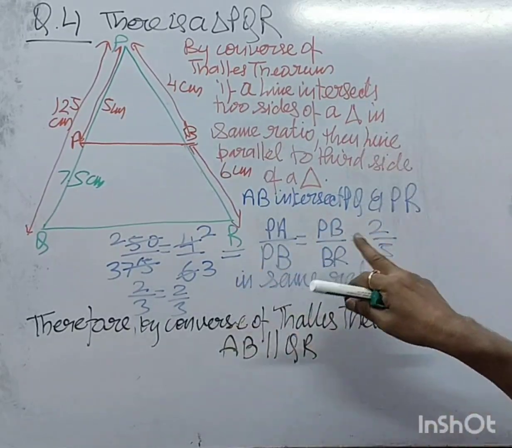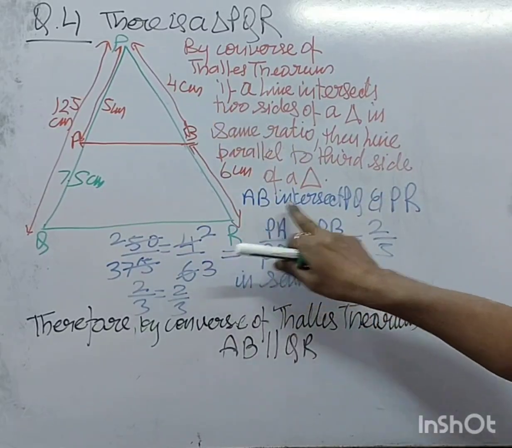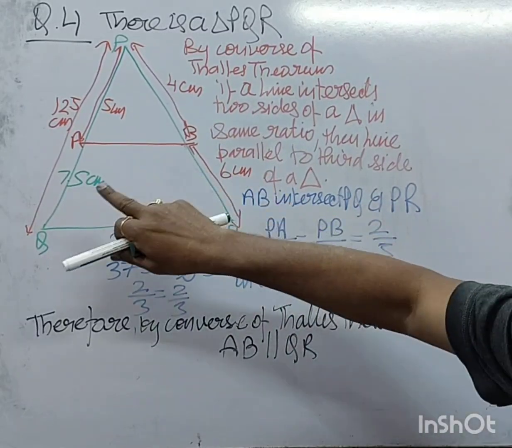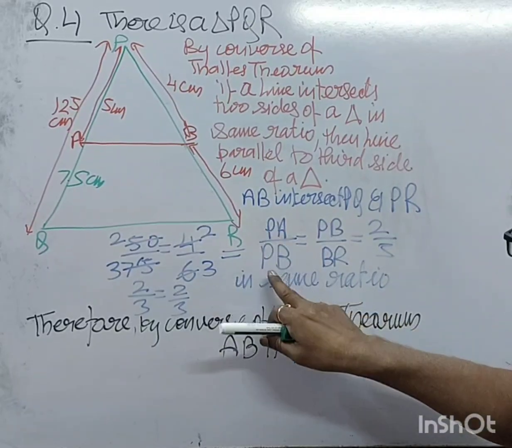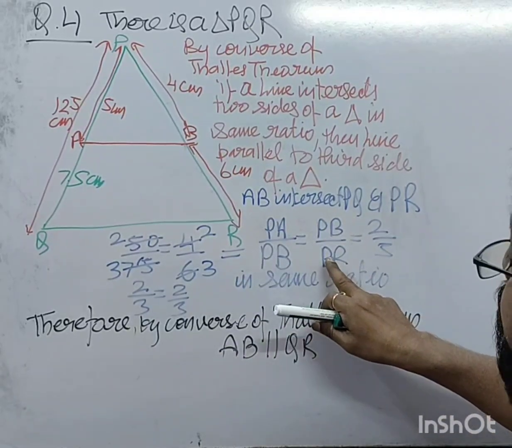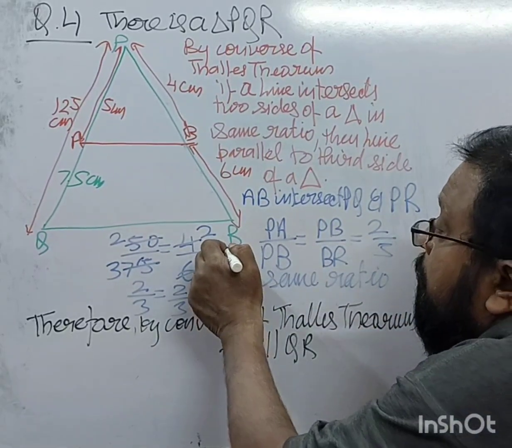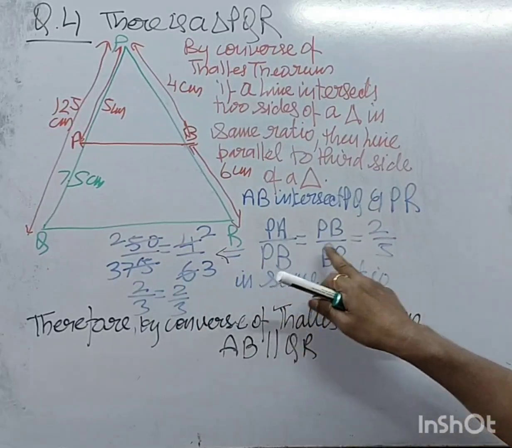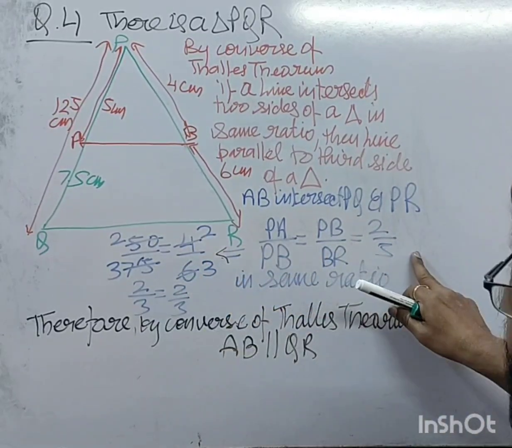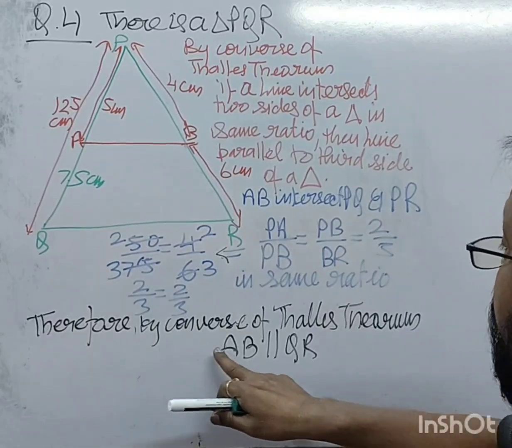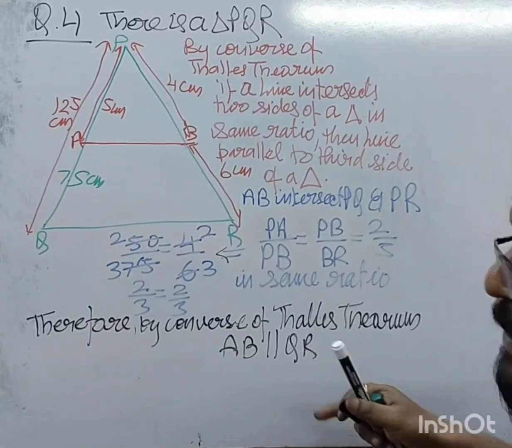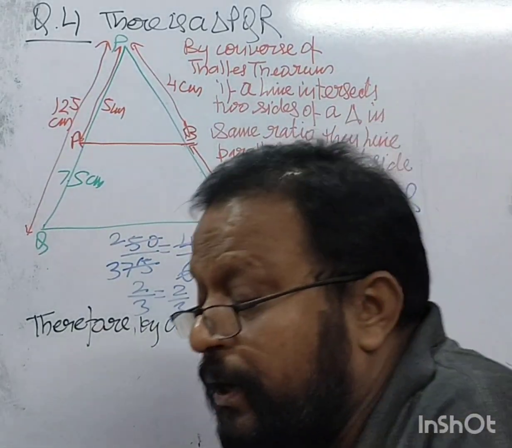That is, if AB intersects PQ and PR and they are in the same ratio, PA upon AQ is equal to PB upon BR, right? So their ratio is 2 by 3. They are in the same ratio. So therefore, by the converse of the midpoint theorem, AB is parallel to QR.